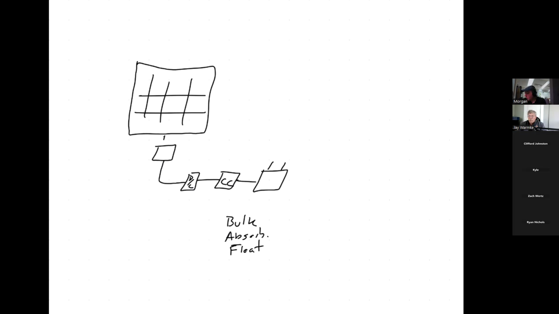And there's a large time there where your solar array is capable of producing, but it's not, because it's just waiting for the batteries to drop down to a certain level. So this mode, bulk absorption float, is a more efficient form of charging.